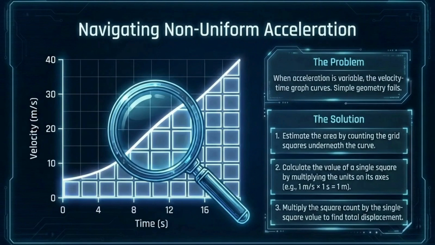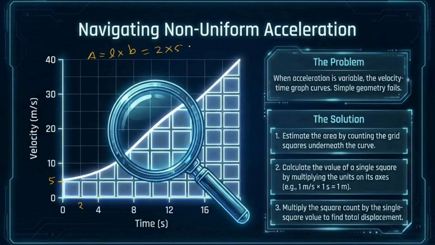So how do we find it? First, you have to find the area of this one box. To find the area of this box, you just find the area, which means length into breadth. What is the length over here? Here is the scale of time, which is 2, so write 2 here, and in the velocity axis the coordinate here is 5.